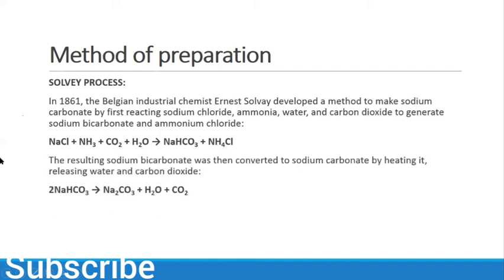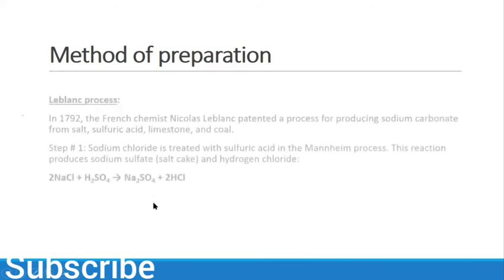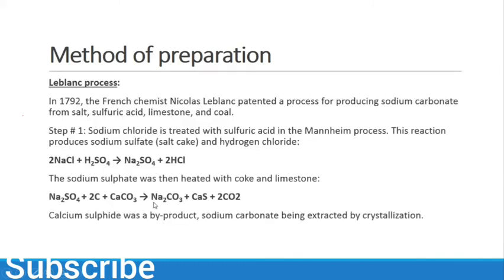The resultant sodium bicarbonate was then converted to sodium carbonate by heating it, releasing water and carbon dioxide. So we have two intermediates, which are sodium bicarbonate and ammonium chloride. And when we heat sodium bicarbonate, we have sodium carbonate, water and carbon dioxide.